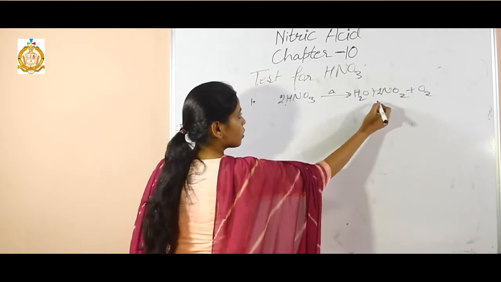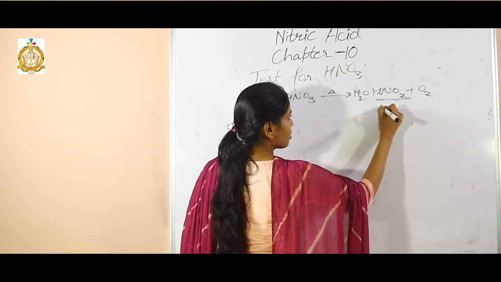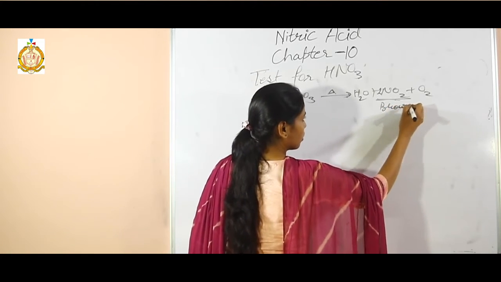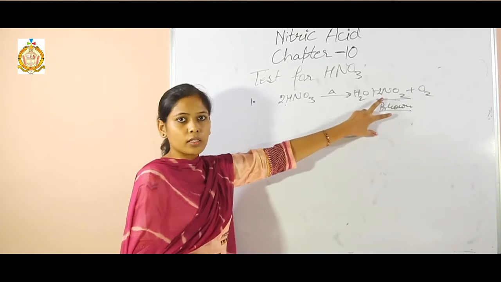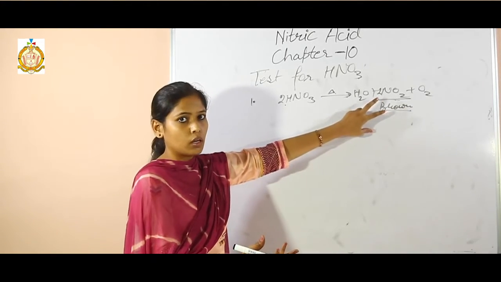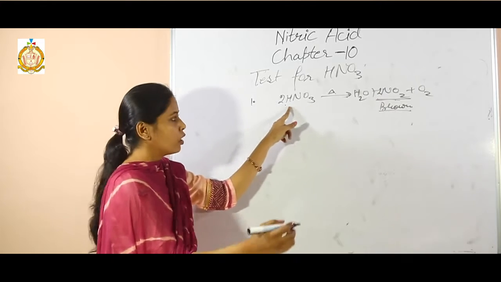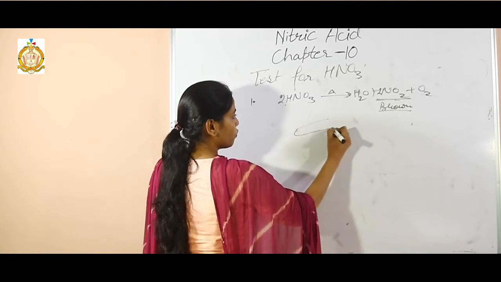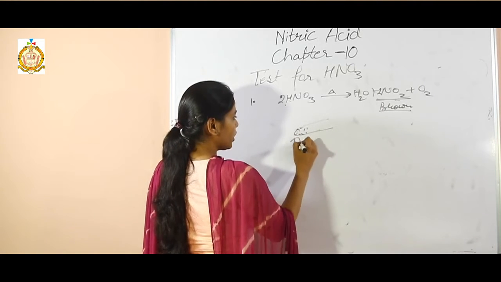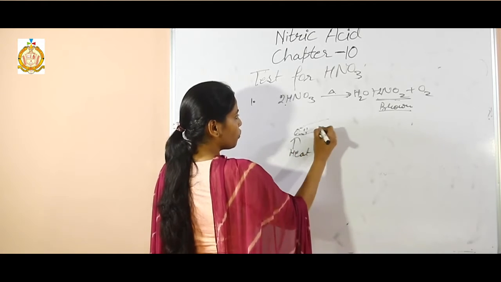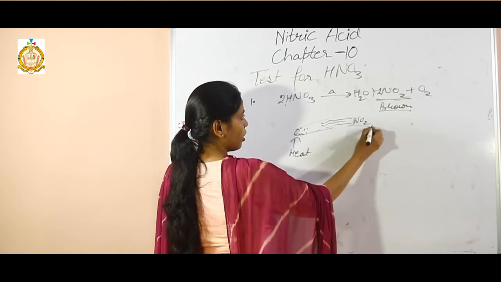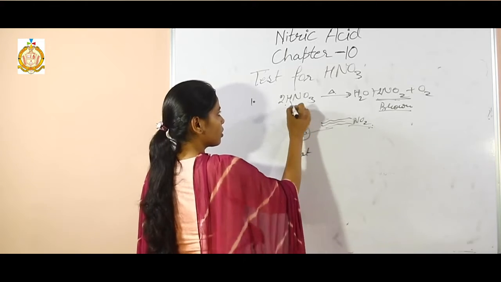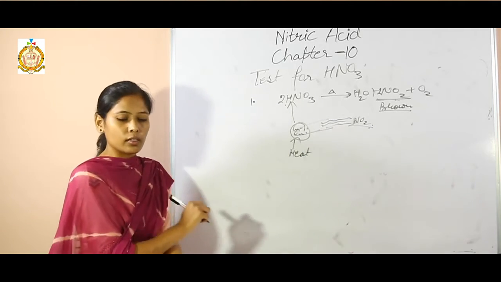So the color of this gas is brown. So what you can say, if a brown color gas is given out on heating of nitric acid, that is nitrogen dioxide, then the given acid is nitric acid.